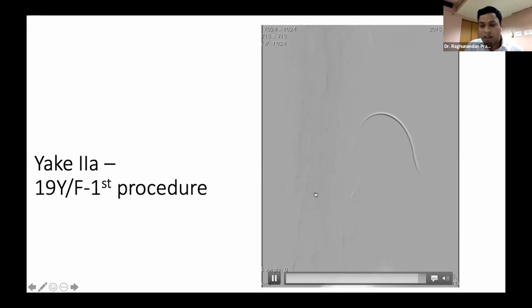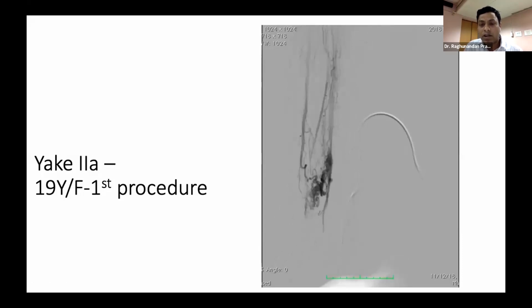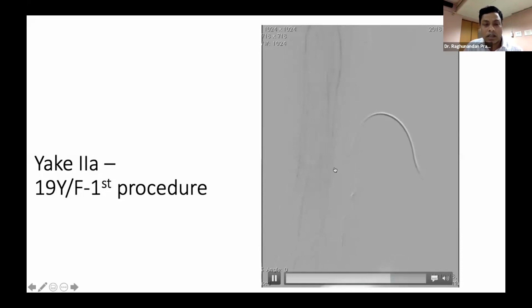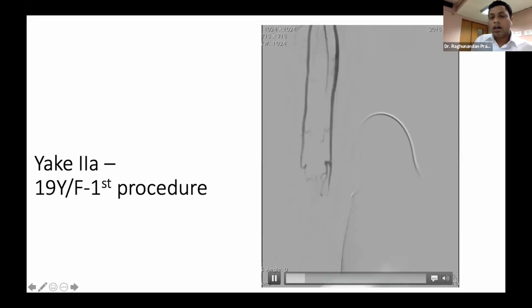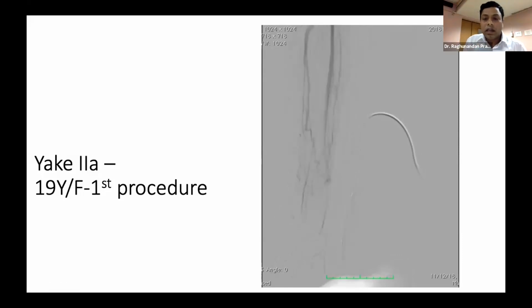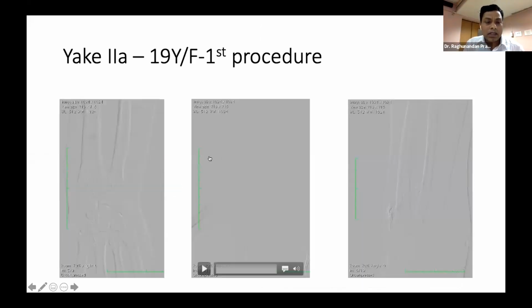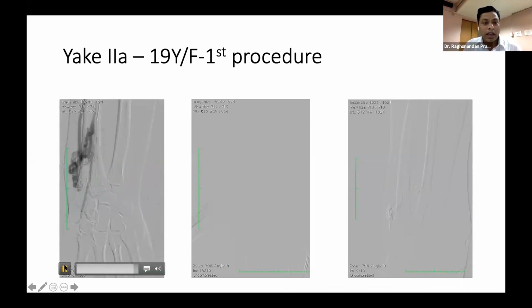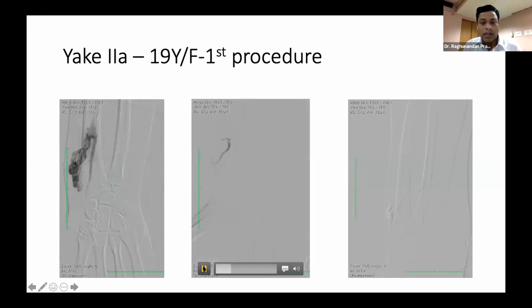There are multiple feeders, and the veins are actually not dilated, so this makes a type 2A lesion. We did the super selective angiography, identified the feeders, and put the glue selectively in these feeders.